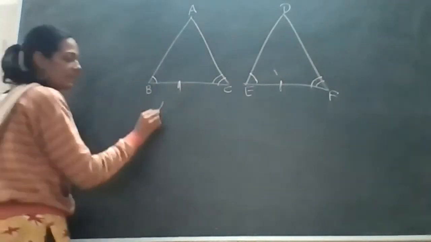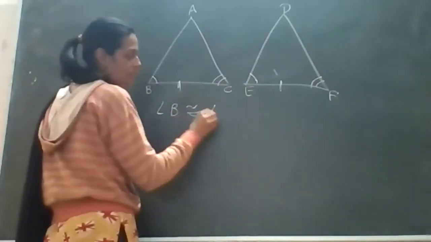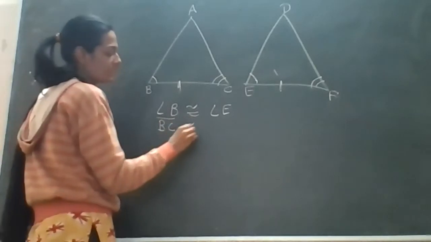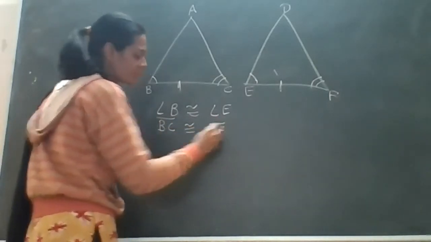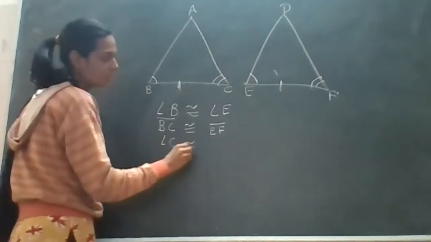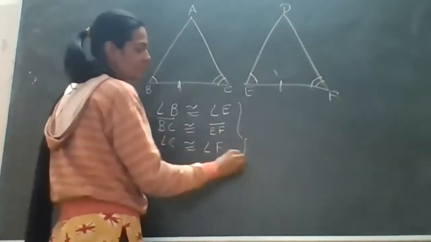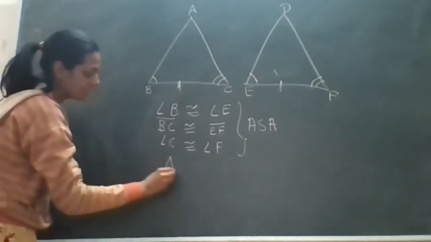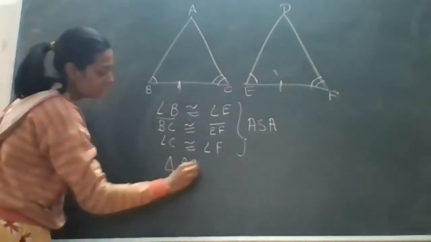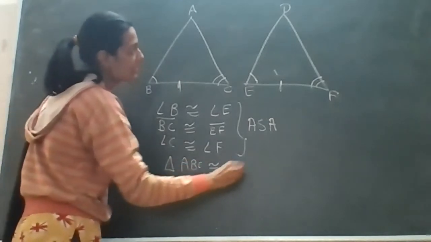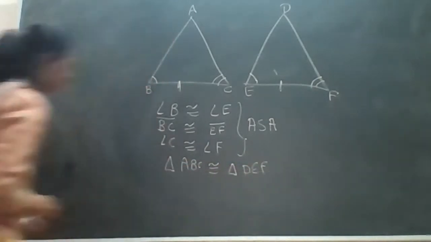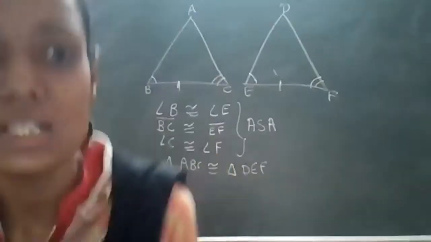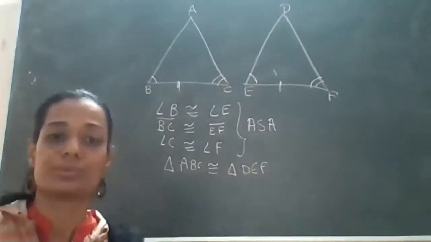So here we can write angle B is congruent to angle E, side BC is congruent to side EF, and angle C is congruent to angle F. This will become your ASA criteria. And so finally we can write triangle ABC is congruent to triangle DEF. In that way you can represent it in your notebook also, and if it is a definition, then you have to write the definition also.